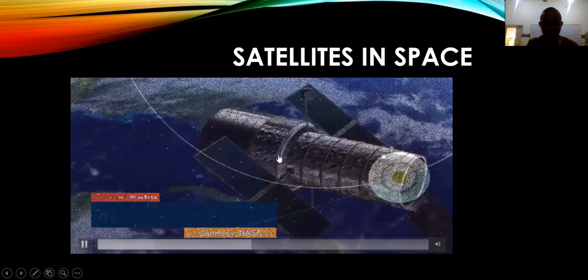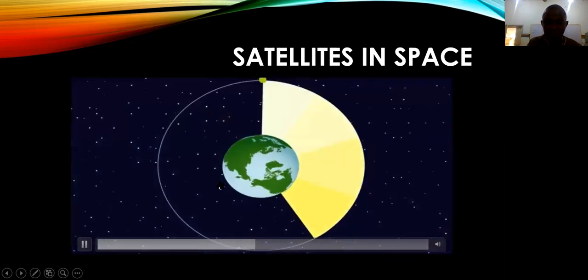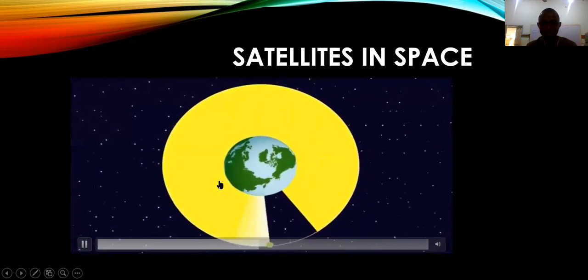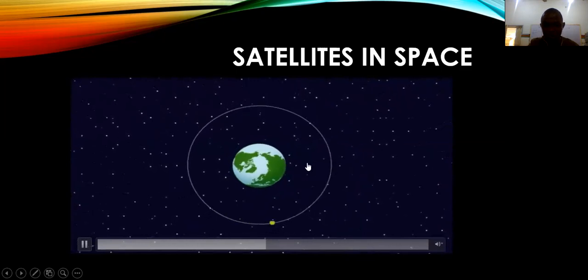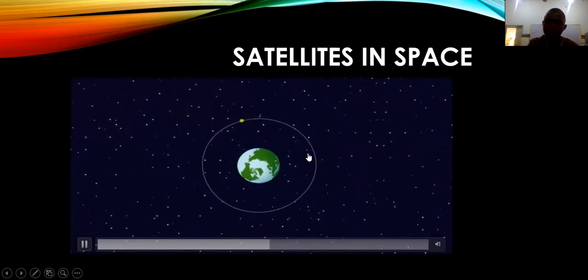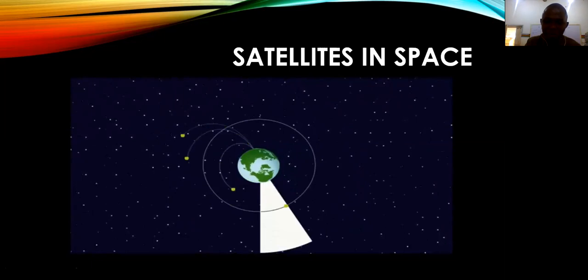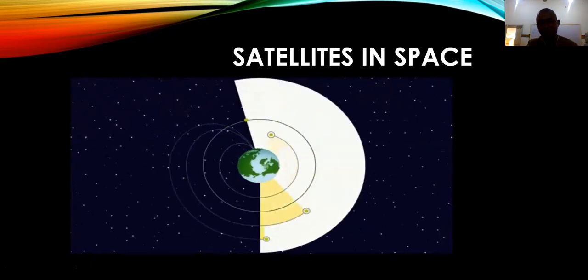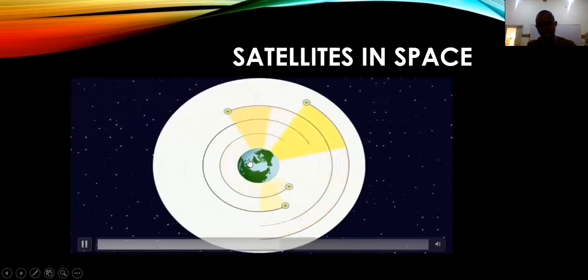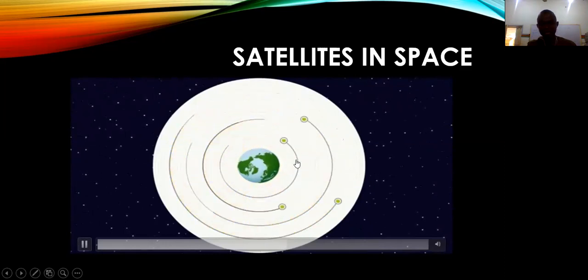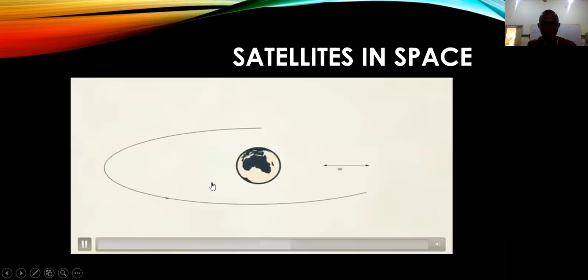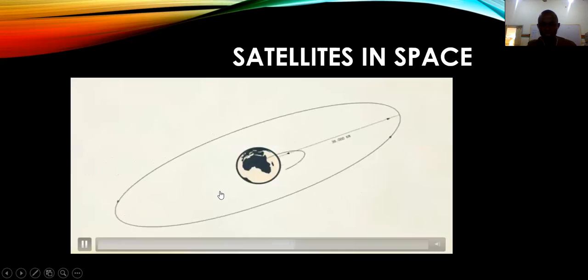This is the Hubble. That's Hubble from NASA, which enters into space and begins to track information about a specific assignment or design. And there are numerous satellites, about 4,000 plus in space, performing one function or the other.